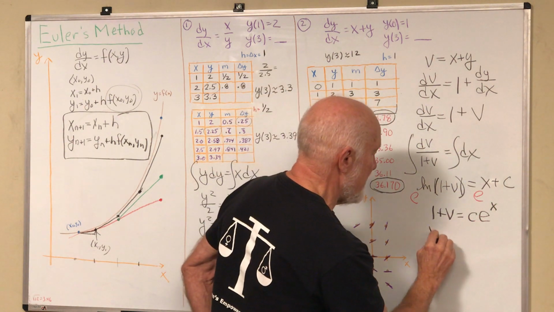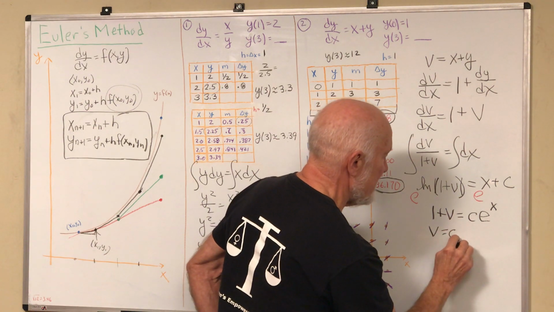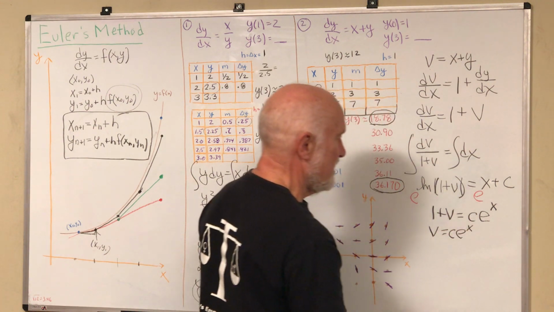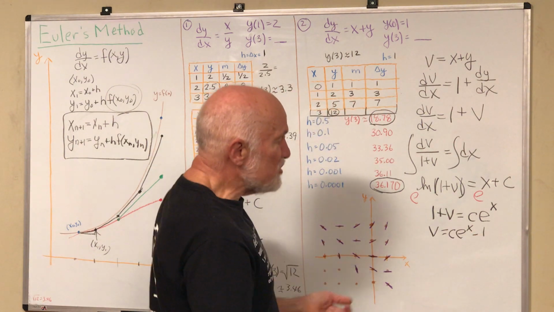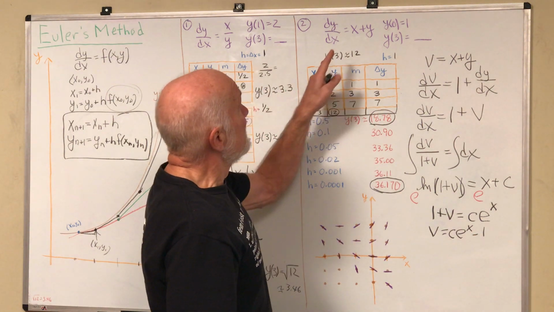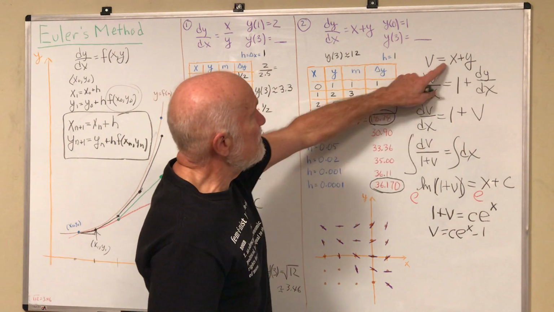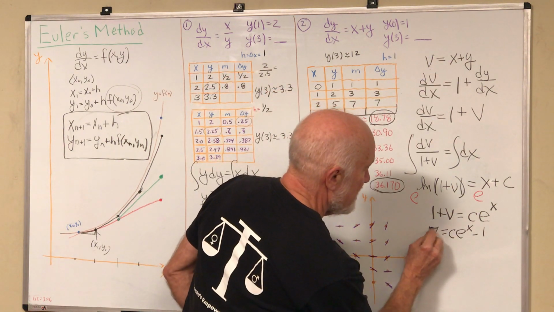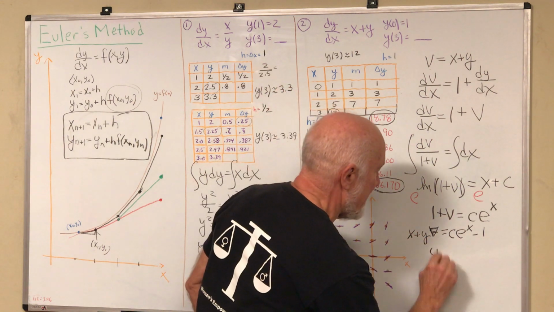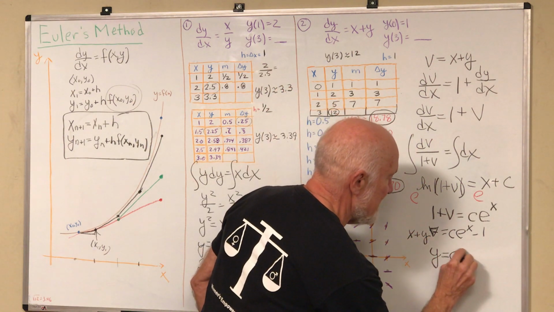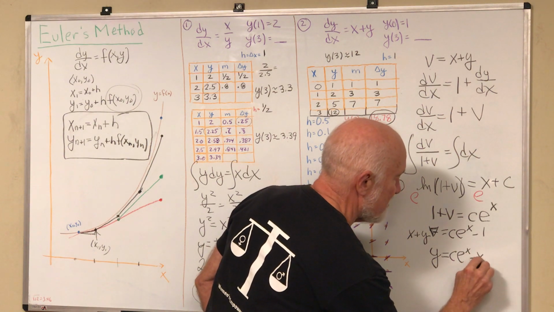And then I could get v equals c e to the x minus 1. But we're really trying to solve for y. So in place of v, I'm going to put x plus y, and now I can solve for y. y equals c e to the x minus x minus 1.